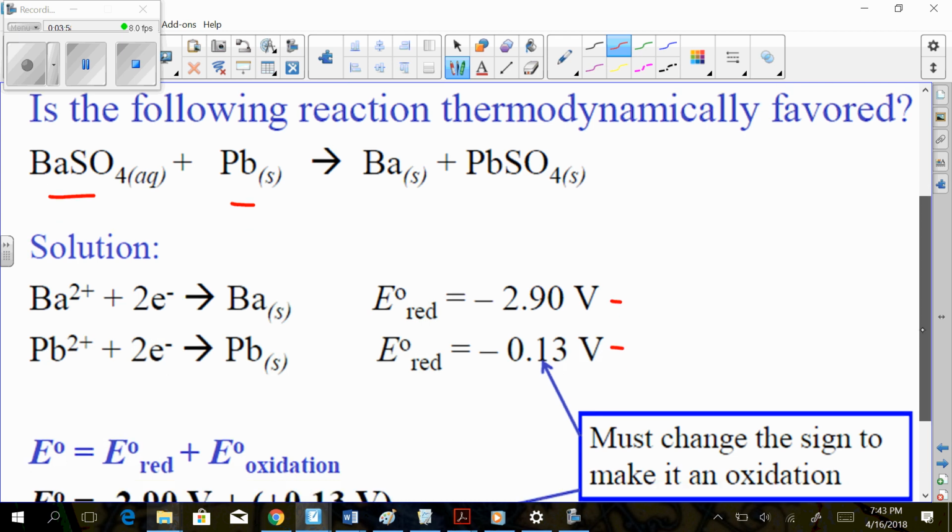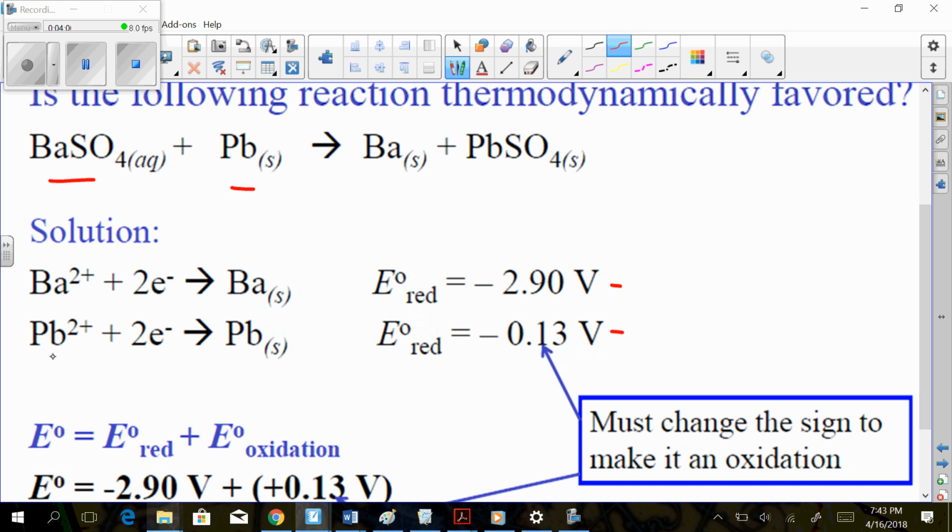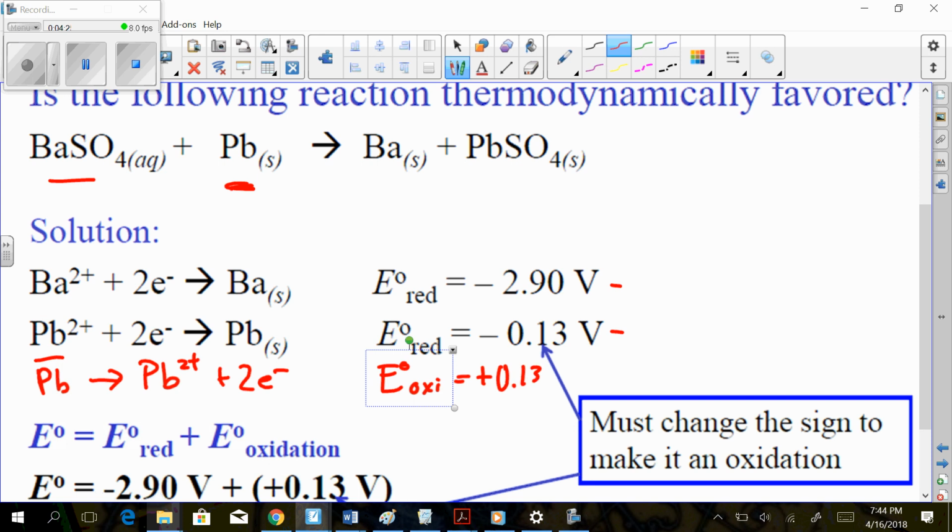Now, we don't have lead ion reacting, we have lead. So the reaction that's actually occurring is lead becoming lead ion and 2 electrons. Instead of reduction, this is oxidation potential.